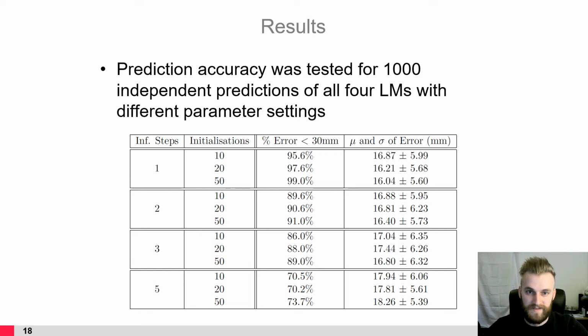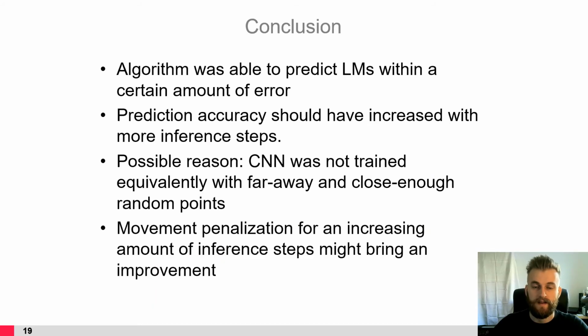The results depicted in this table indicate that the error decreases with an increasing amount of initializations and fewer inference steps. To conclude, the network was able to predict landmarks within a certain amount of error. The accuracy should have increased with more inference steps, but this was not the case here. A possible reason could be that the CNN was not trained equivalently with far away and close enough random points.